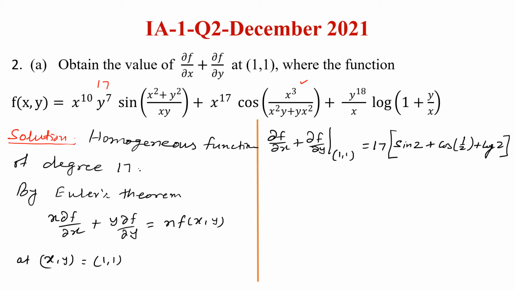So at this point (1, 1), your answer is 17 times sine 2 plus cos 1 by 2 plus log 2.